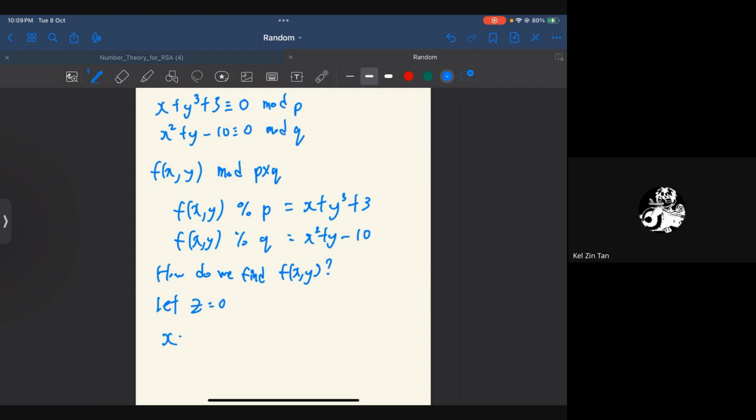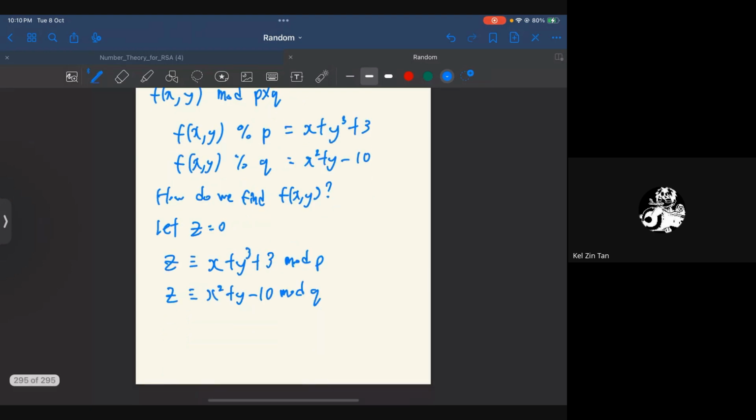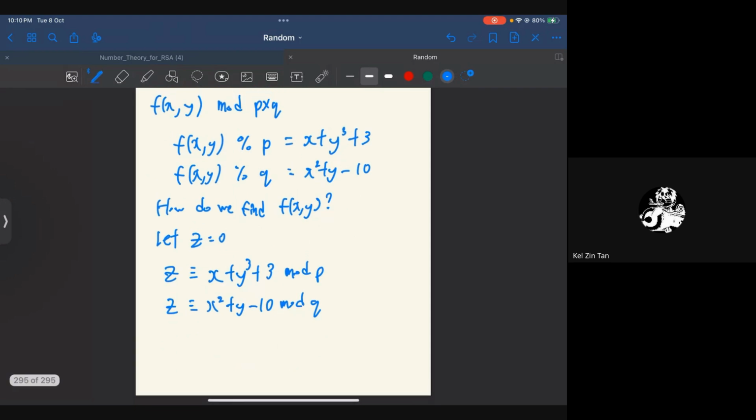Then z is congruent to x plus y cubed plus 3 modulo p, and z is congruent to x squared plus y minus 10 modulo q. Then you just do CRT to get something modulo pq. So perform CRT.